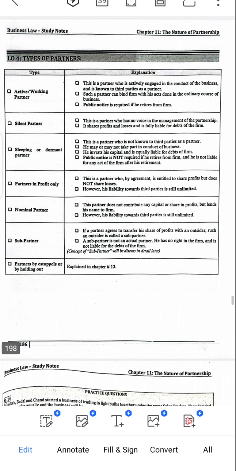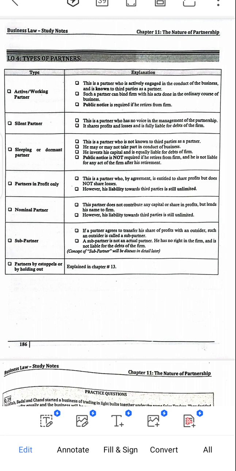Then we have the sleeping or the dormant partner. Who is it? This is a partner who is not known to third parties as a partner. So as he is sleeping, he will not be known to third parties or the partnership firms. He will not actively participate in the activities of the partnership.